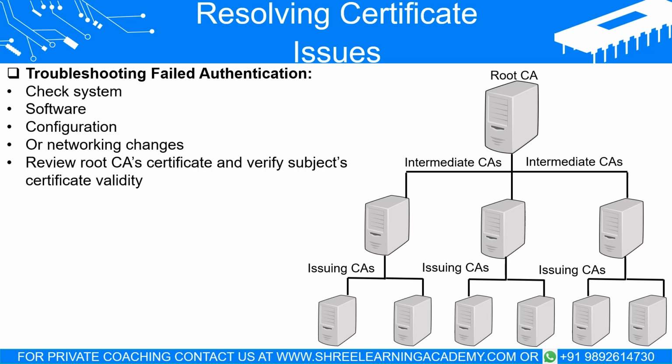It's like asking if the lock was changed, if the key is damaged, or if there is a problem with the door itself. Just as you would investigate these elements in the physical world, in the digital realm, you would review the root CA certificate and verify the subject certificate is valid and not revoked. This process involves verifying whether the digital keys and the security mechanism they are supposed to unlock are working as they should.